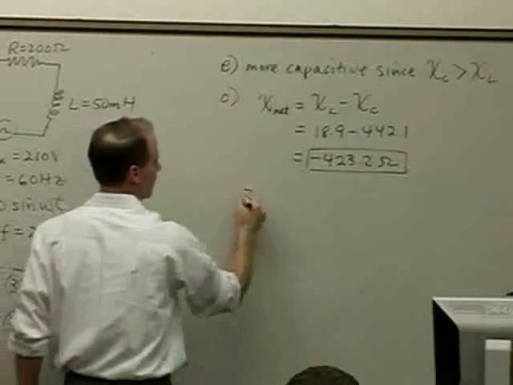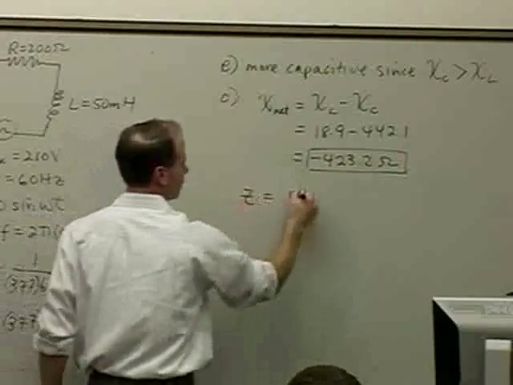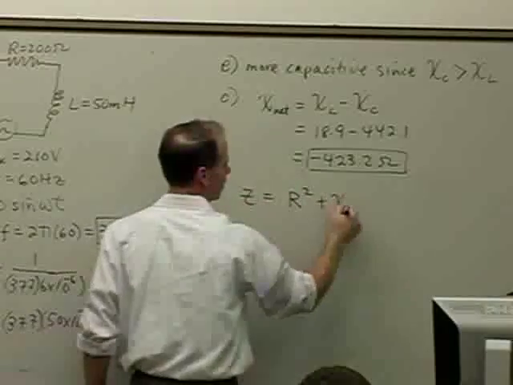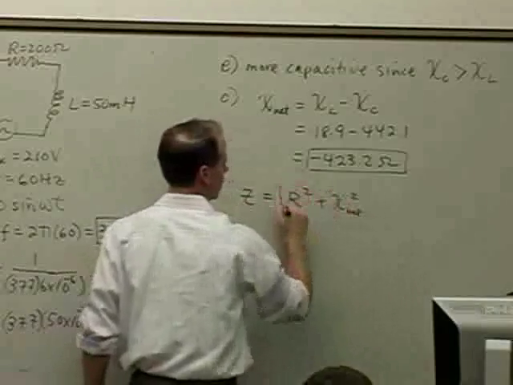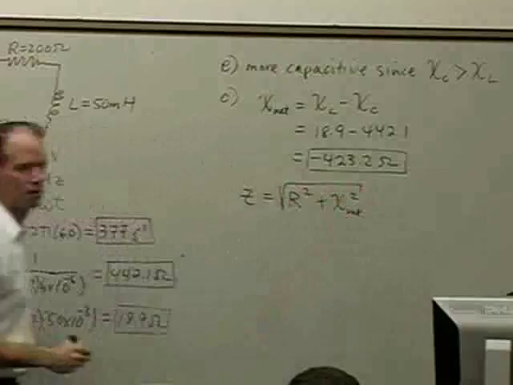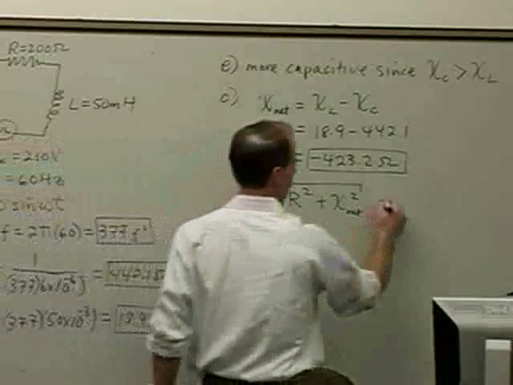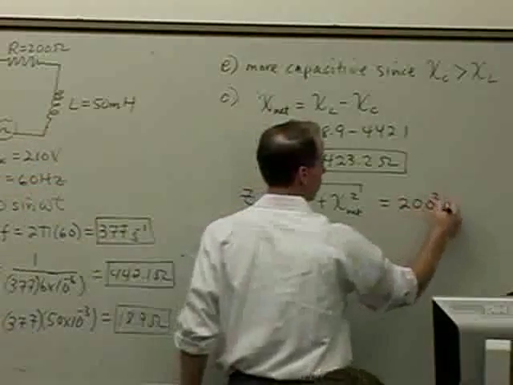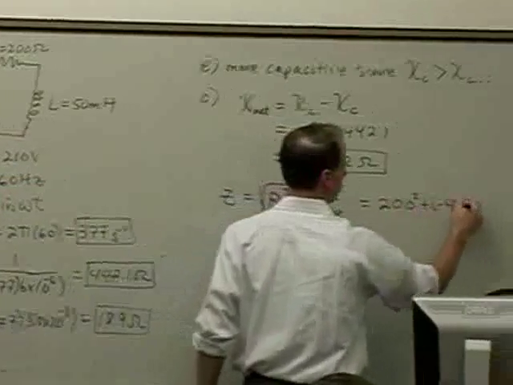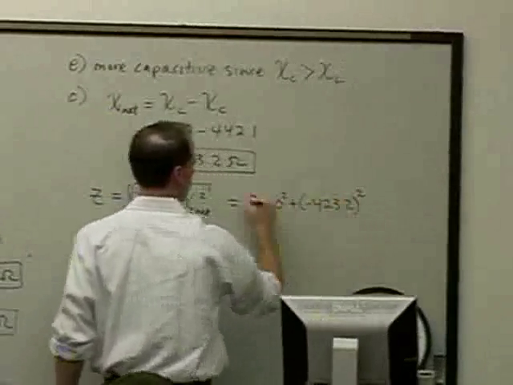And our impedance by definition is the square root of the resistance squared plus the net reactance squared. Our resistance is 200 ohms. That'll be 200 squared plus negative 423.2 squared, square root.